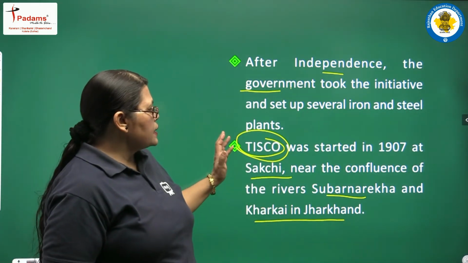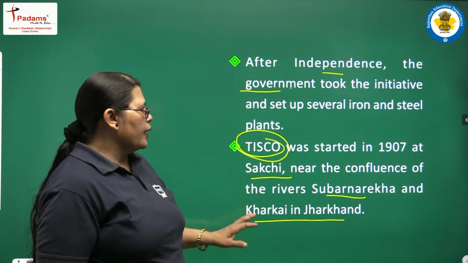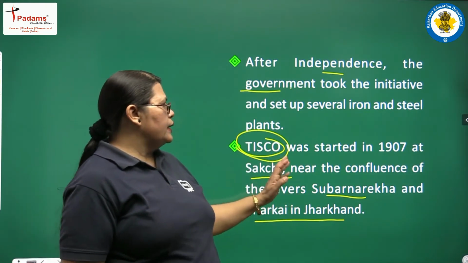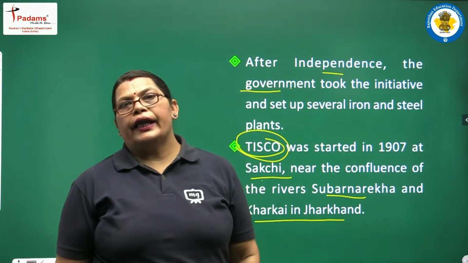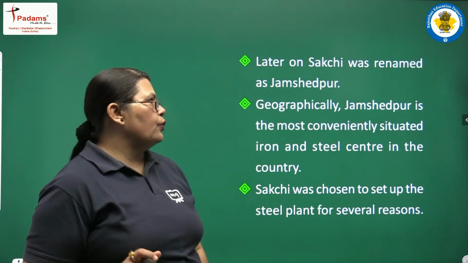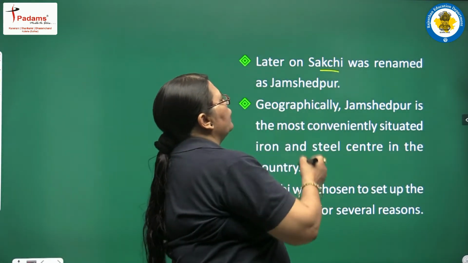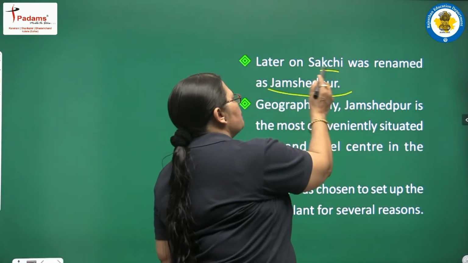So TISCO covered these two rivers, Subarnrekha and Kharkai in Jharkhand, near Sakchi, and it was established in the year 1907. Later on Sakchi was renamed Jamshedpur.